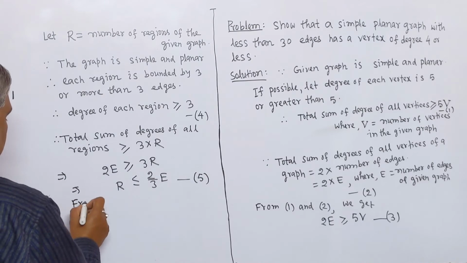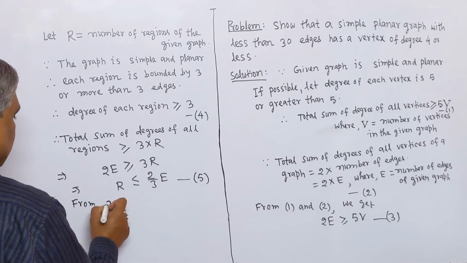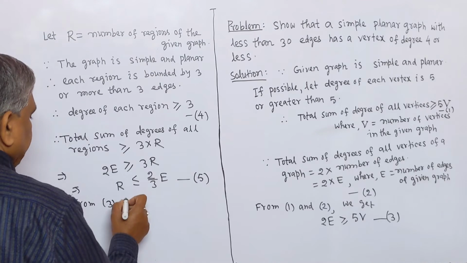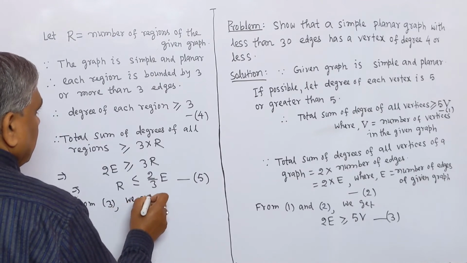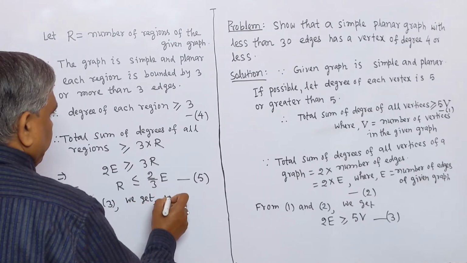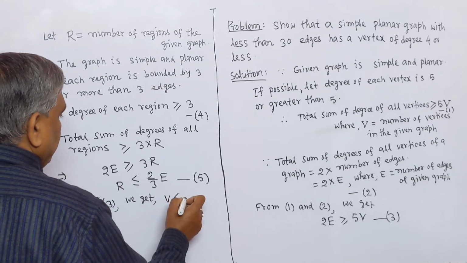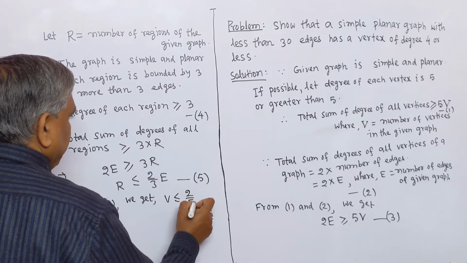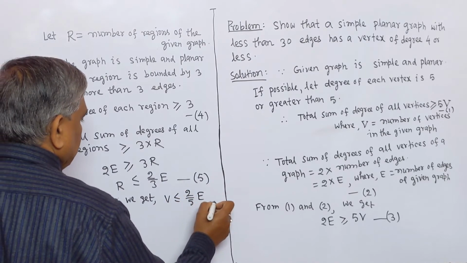From 3 we get V less than or equal to 2/5 E. This is number 6.